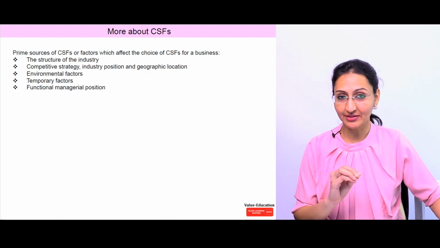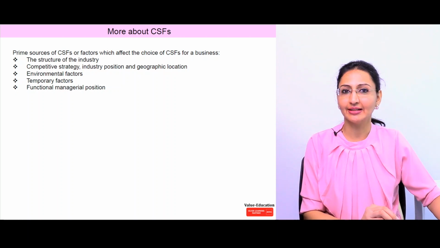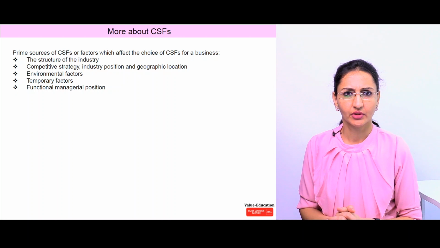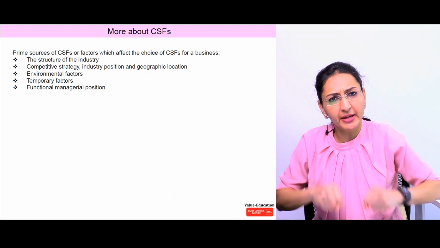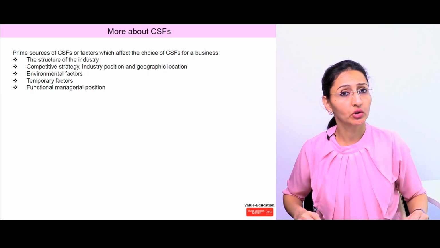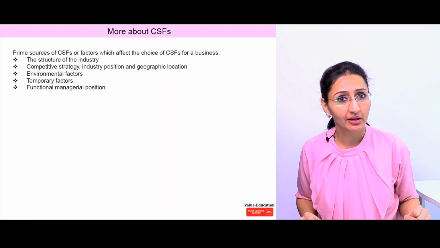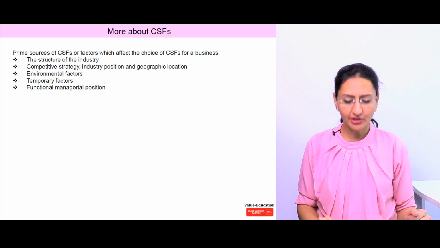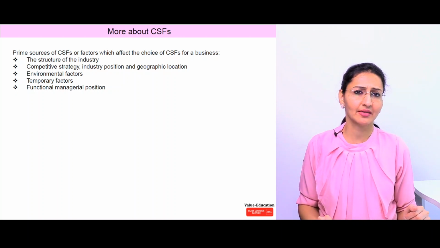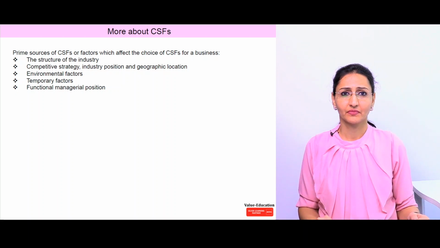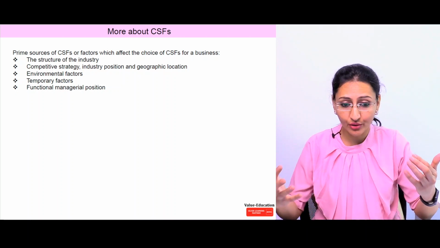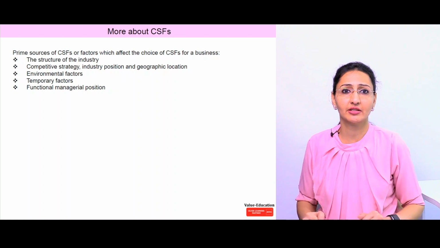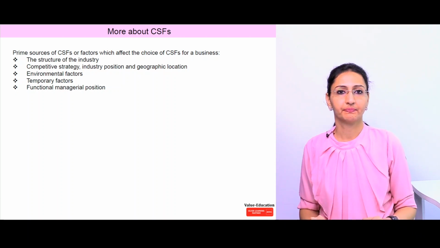If your business or your company or your entity has a very good position in the market, you are holding the market at a very big scale, then for you the critical success factor will be maintaining the services to the customers, ensuring that you do not lose business in the coming years. That's how your competitive strategy and your industry position will decide your critical success factors, and also what your competitors are doing.